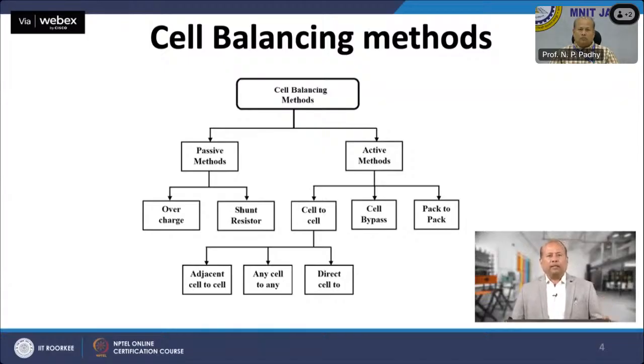The active balancing methods are segmented into cell to cell, cell bypass and pack to pack balancing. The basic balancing required for a module is cell to cell balancing, also called cell balancer.